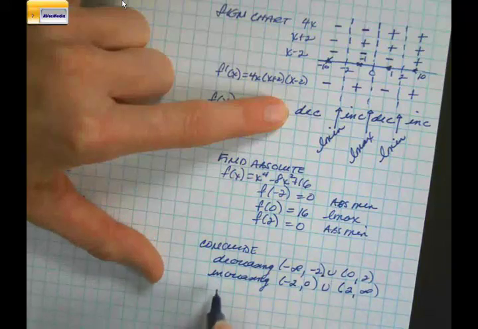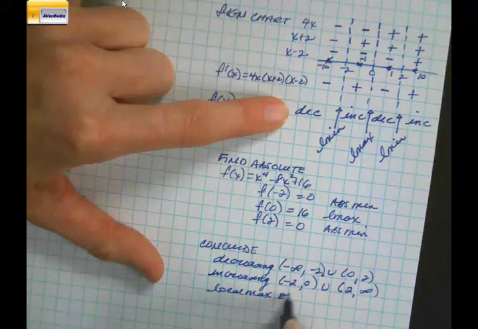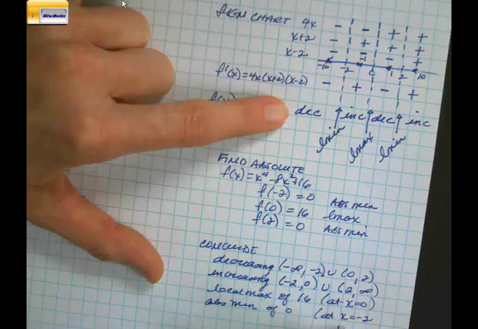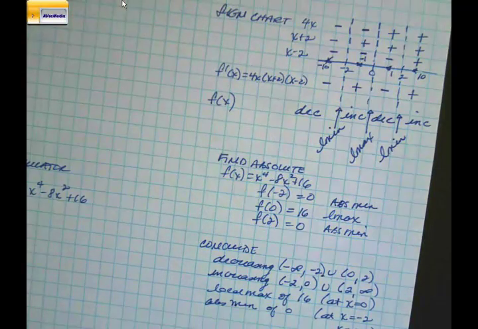We believe that there is a local max of 16 occurring at x equaling 0. And we believe that there really are two absolute mins of 0 occurring at the x values of negative 2 and 2. Okay, that's what we think is going on.